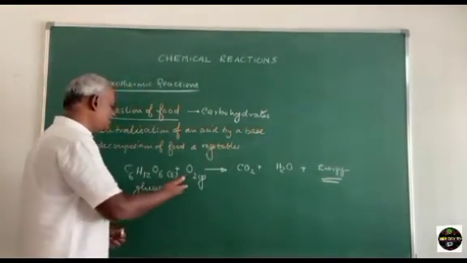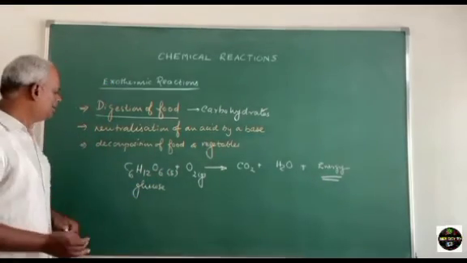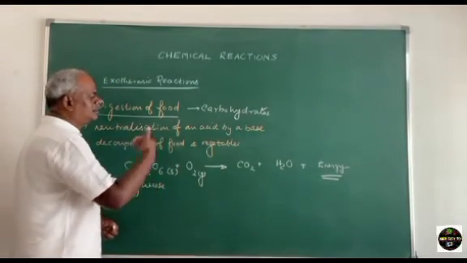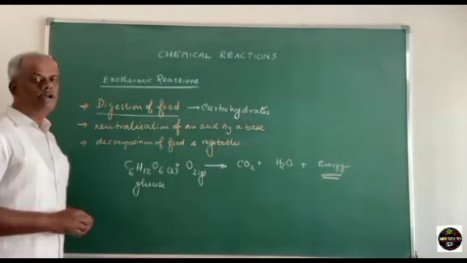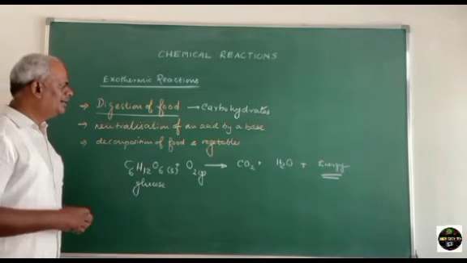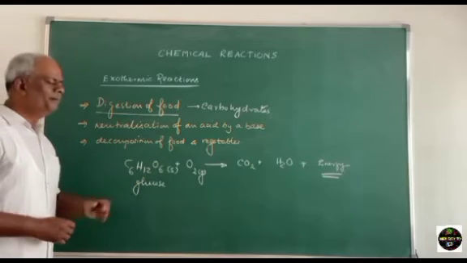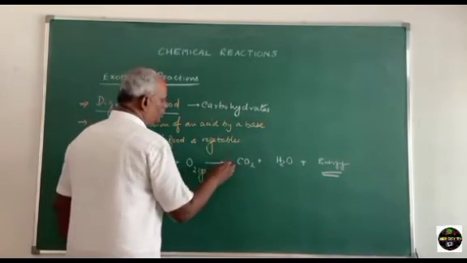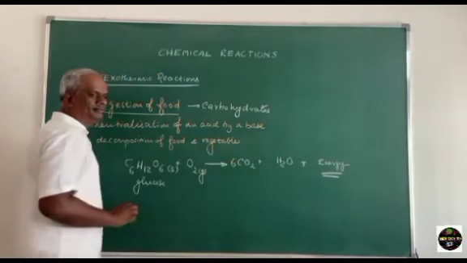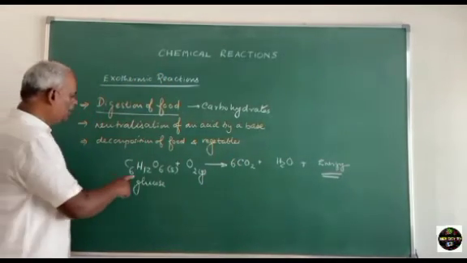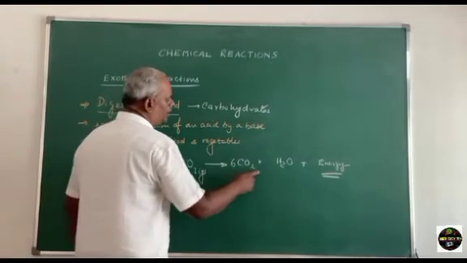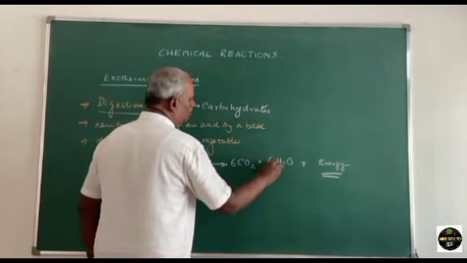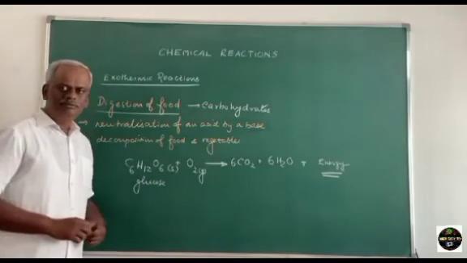While digesting, this is what is happening in our body. Carbohydrate is converted into carbon dioxide and water. How to balance this chemical reaction? There are 6 carbon atoms, so better you write 6. And there are 12 hydrogen, so I can multiply this also by 6.